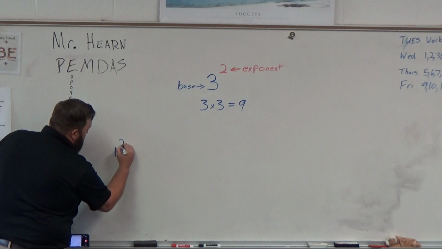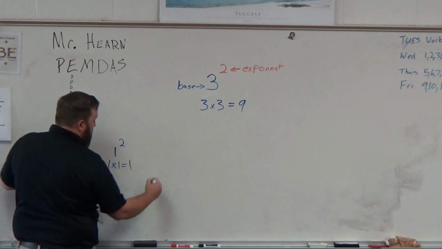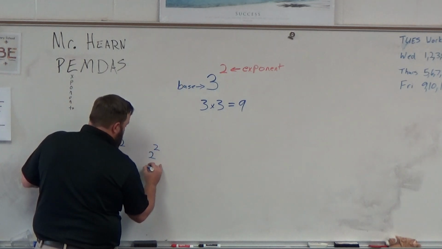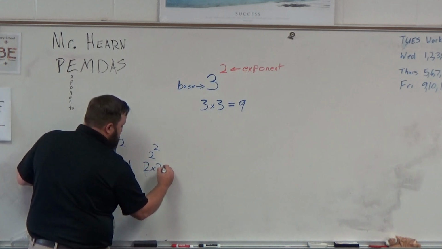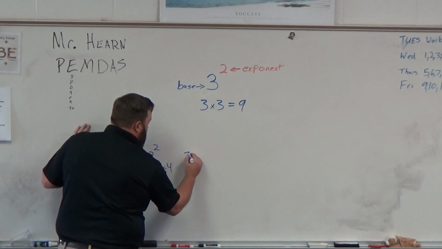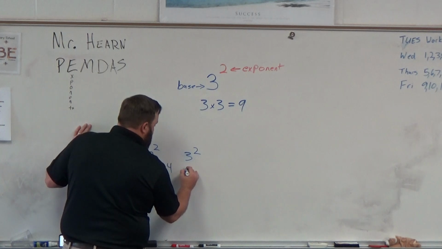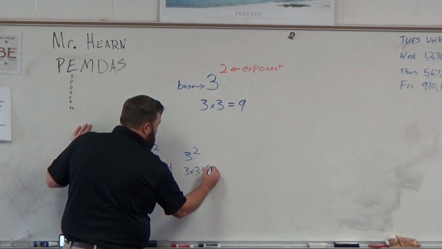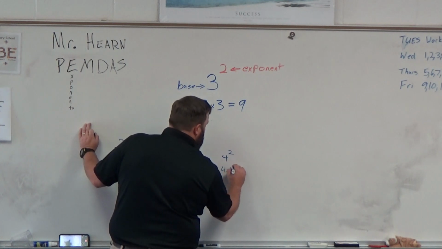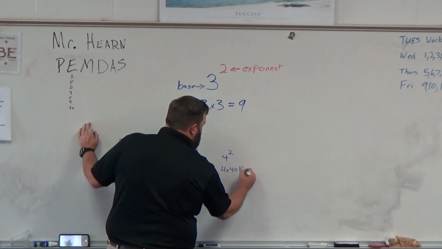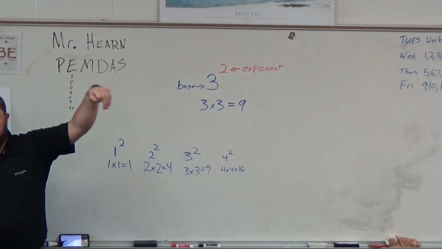If we take 1 and we square it, that's 1 times 1, which gives us 1. 2 squared is 2 times 2, which gives us 4. 3 squared will be 3 times 3, which gives us 9. 4 squared will be 4 times 4, which will give us 16, and so on and so forth, down to 10 times 10, or 10 squared, which is 100.